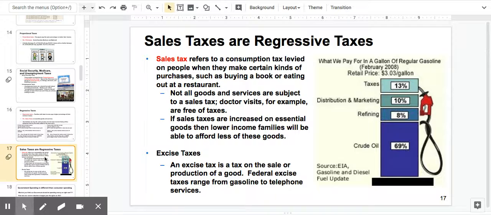So again, remember the example of sales tax as a regressive tax. That's why we can't just put sales tax and do away with income taxes, because everybody has to buy a minimum amount of things. Sales taxes can be levied on a lot of different things. We talked about how they are levied on a book, but they're not going to be levied on a doctor's visit.